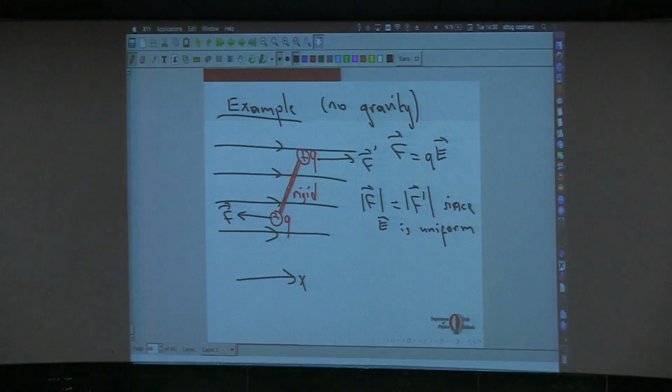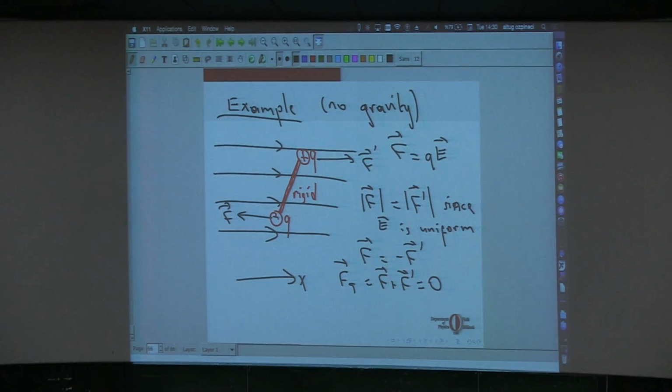Now, if the electric field is not uniform, this will not be true. So F is equal to minus F prime, and the total force is F plus F prime, which is equal to 0.